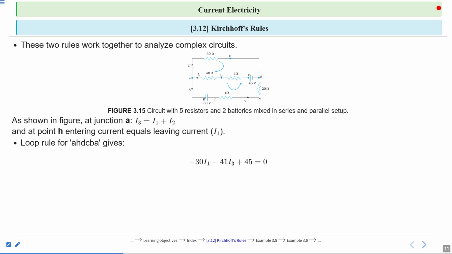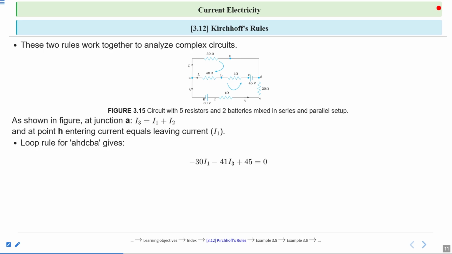It is also from C to B in that section, and due to this battery, current flows through C to B also. So both the directions are the same, so we will take it as positive. For a resistor, if we are moving in the direction of current, then the potential difference will be taken as negative.